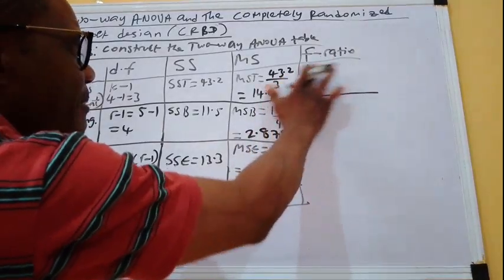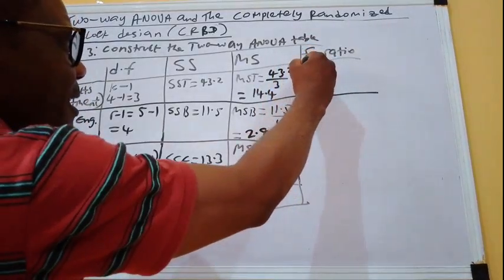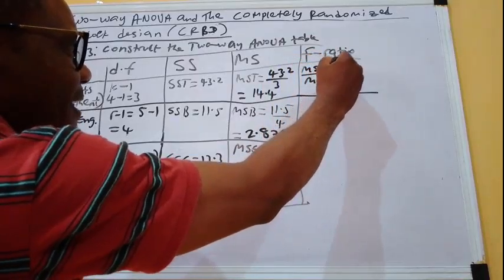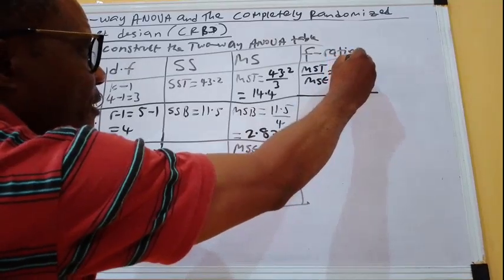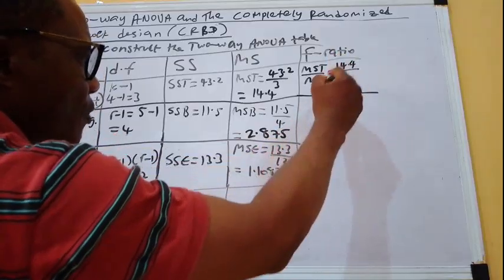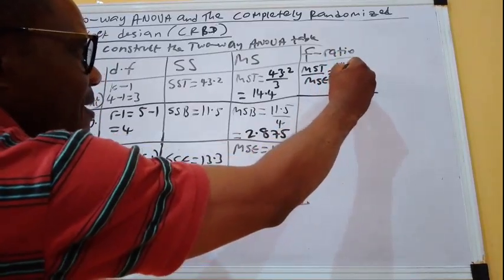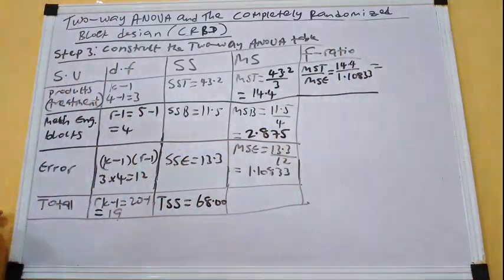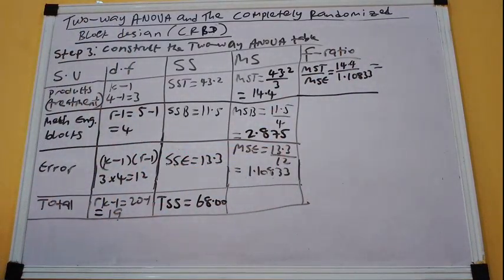It will be MS treatment all over MSE, and that is equal to 14.4 all over 1.10833, and if you carry out that division, you are going to have 12.99.